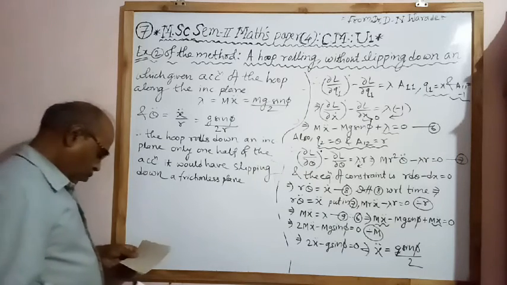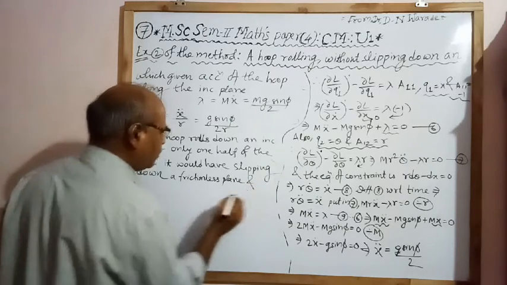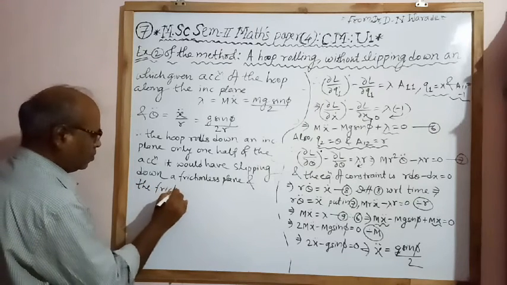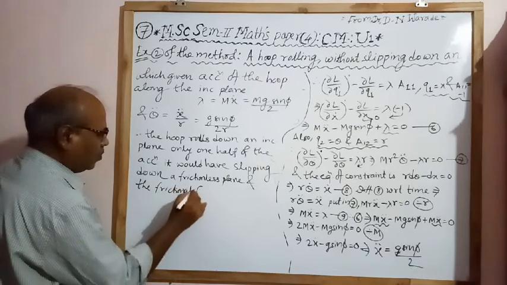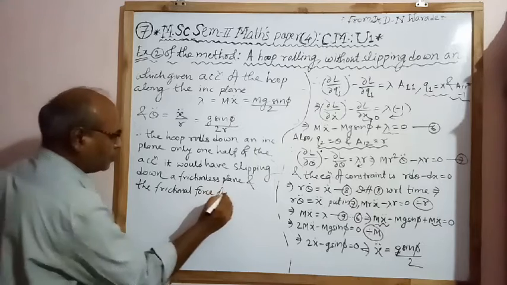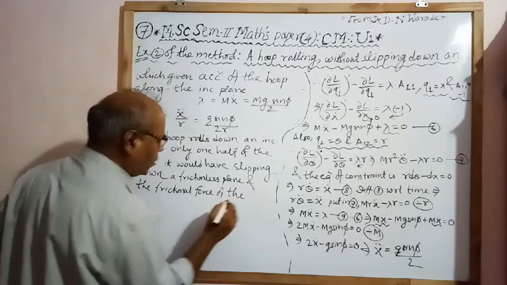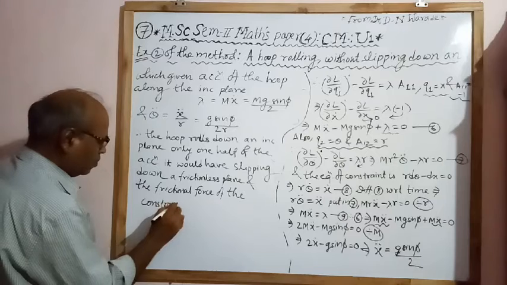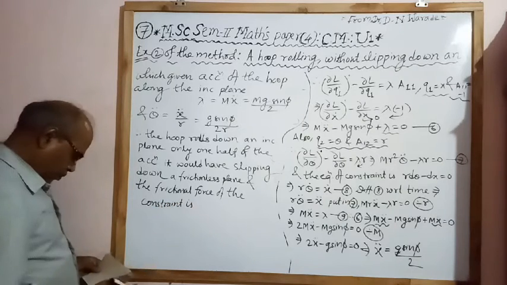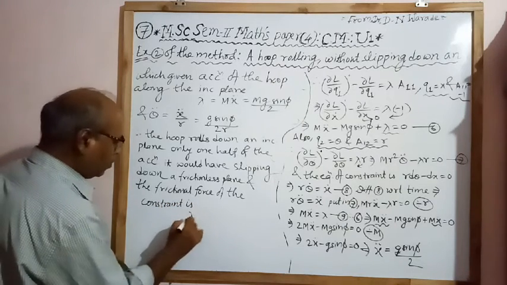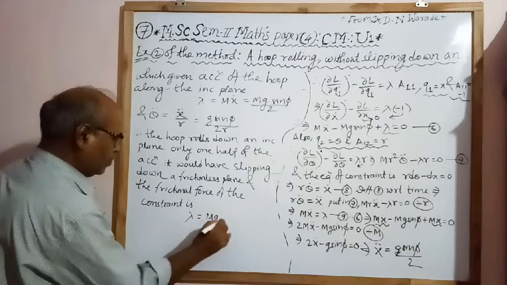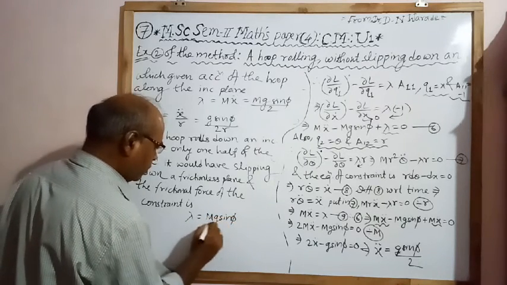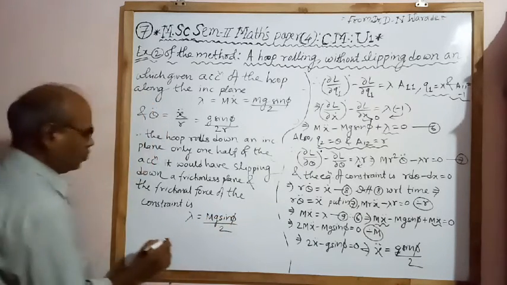And the frictional force of the constraint is lambda equal to mg sin phi divided by 2.